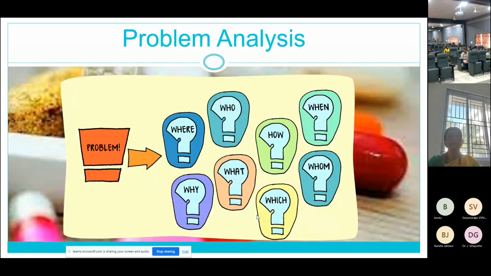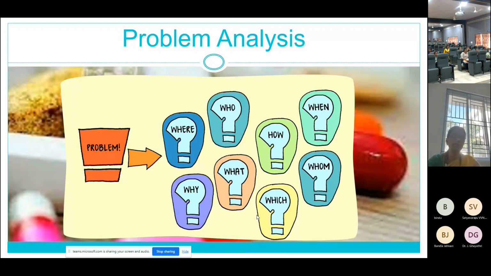So when you are analyzing, when you are getting deep into your problem, what you will think about it as a problem. Where is the problem? Who is the problem, or who is raising the problem, and why it is happening, and what is it, then how it is happening, and which one is it, whom is it creating this, and when is it happening?